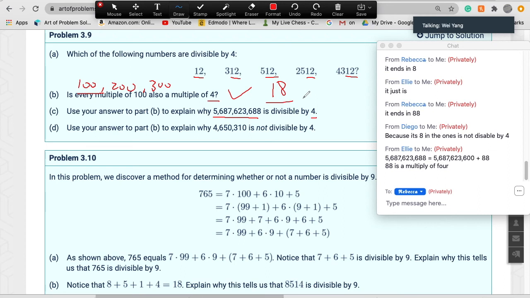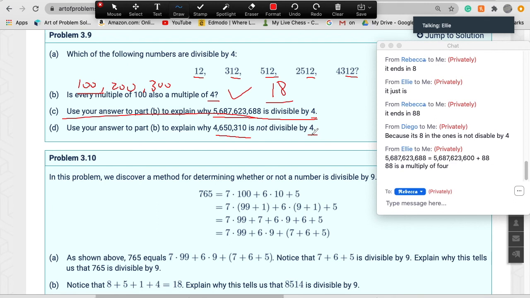What did you tell me? That's not right. They ask whether this one is divisible by 4. You said that one is not divisible by 4. Exactly, it's opposite day. This one is divisible by 4. Okay, then now let's see D. Use your answer to part B to explain why this one is not divisible by 4.